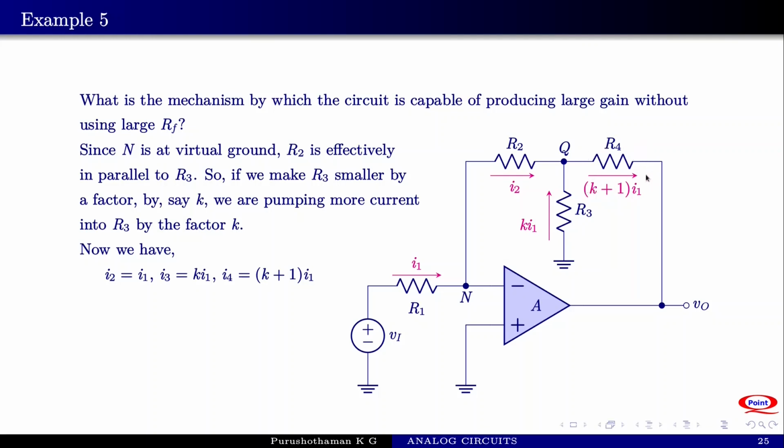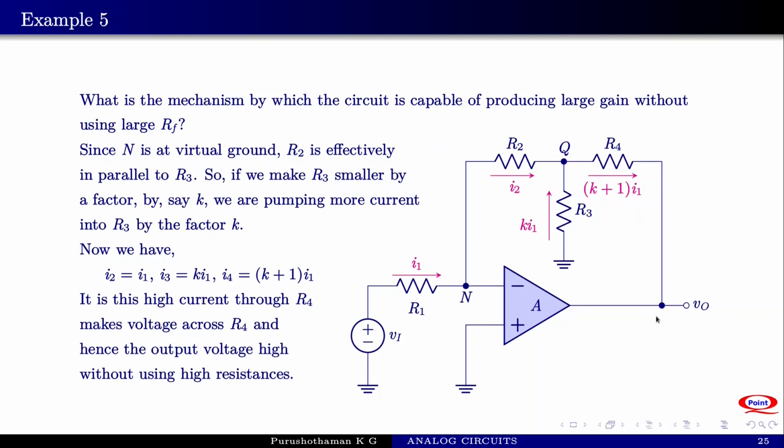So this high current will develop a high voltage across R4, which in turn will make a high voltage in the output. So we have this advantage when using a T network in the feedback path. You can avoid extremely high resistances to get a desired gain and desired input resistance.